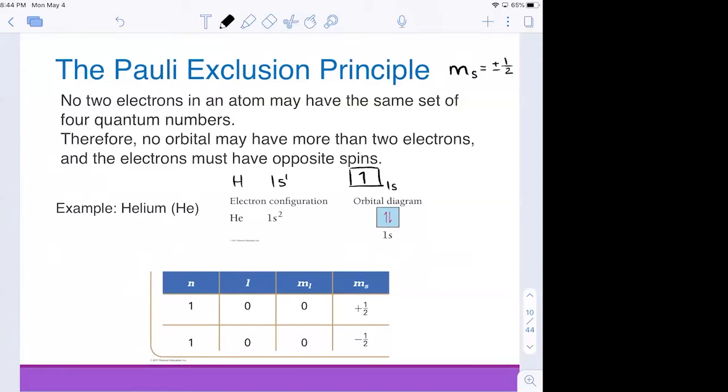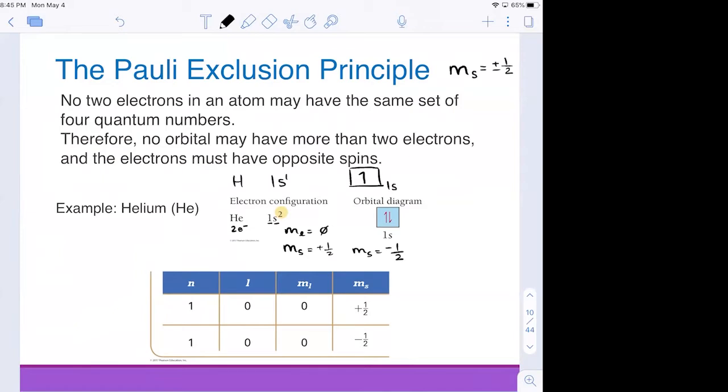It has 2 electrons, 1s2, with 1 meaning that n equals 1, s meaning that l equals 0, and that 2 up there tells us there are 2 electrons in that orientation. Now, we do know that ml equals 0, and how we get the 2 electrons in that orientation is by having one have an ms of plus 1/2, and the other will have an ms of minus 1/2.